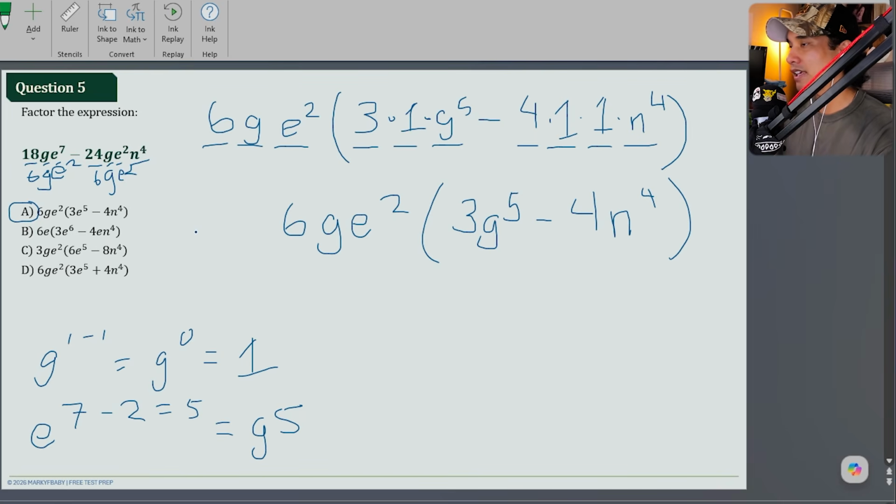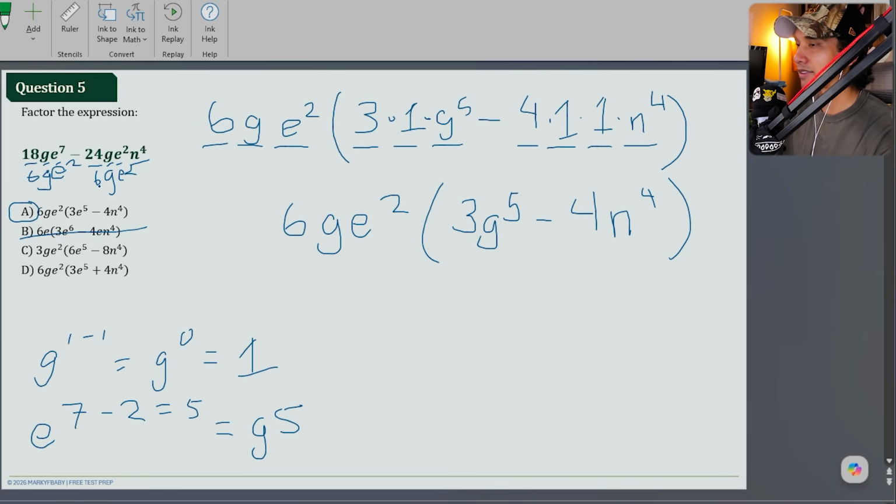Okay? And if we didn't know what we were doing and we were doing process of elimination, we could have already figured out that B was incorrect because we have 6E and we have a G here. That was the first letter term we factored out. And then we go to C and the number term is 3. Well, 3 can also be taken out from each, but then more could be taken out.